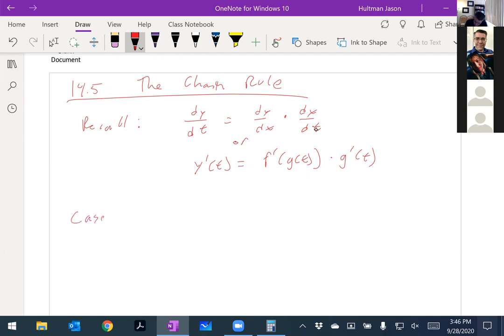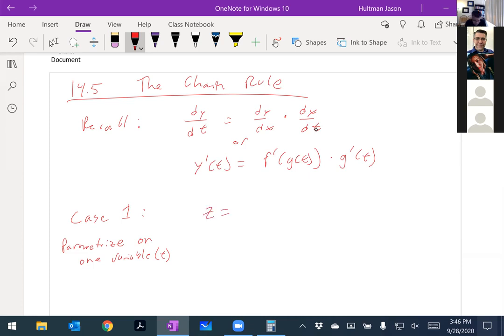So we're going to use the chain rule. We're going to call this case number 1, and this is where we parameterize on one variable. We're going to call that variable t. So this is when you have a function of x and y, and we're going to parameterize that function of x and y on t. You need to get it down to one variable, not two.